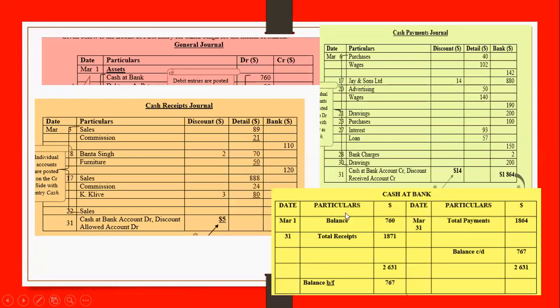You can see that I have 760 over here, the same 760 from the general journal.